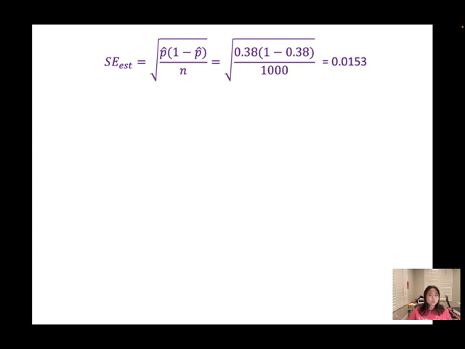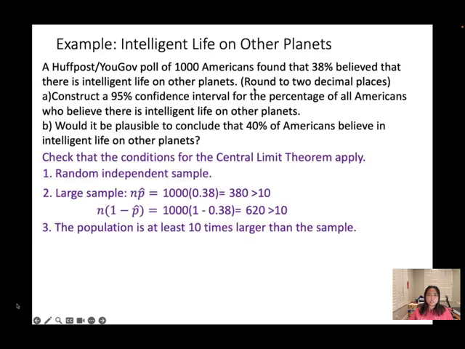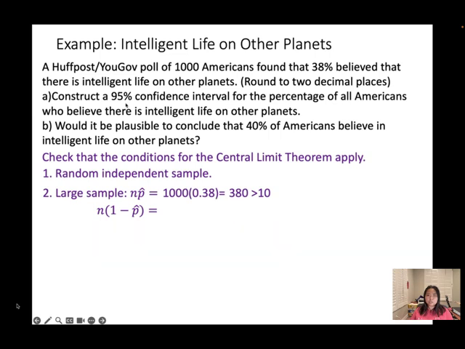Okay, now we want to find the margin of error. So we have the standard error here already. We want to figure out what is the Z star. Okay, Z star is related to how many percent of the confidence interval. We have the 95%, okay? Don't put two whites now, okay? 95% confidence interval.